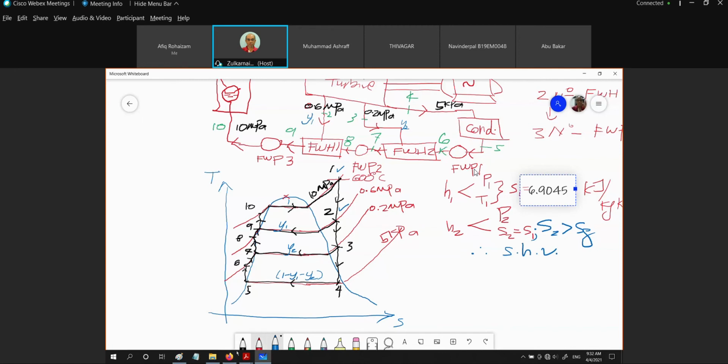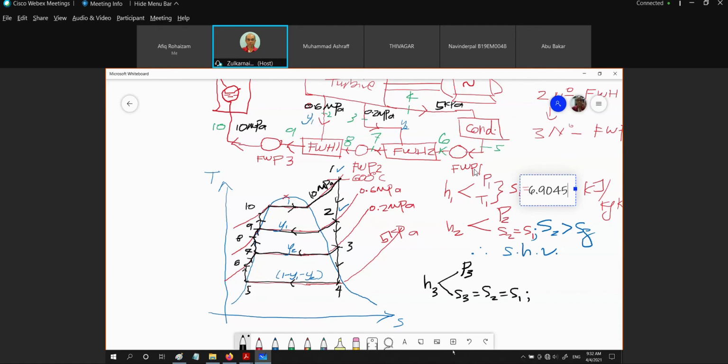Now H3 is based on P3 and also S3 equal to S2 equal to S1. So what do we have?